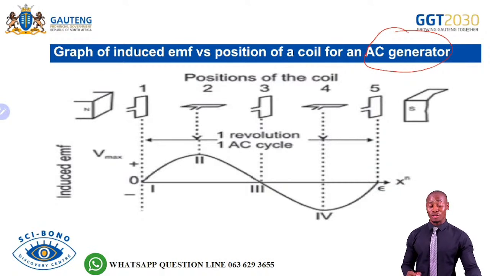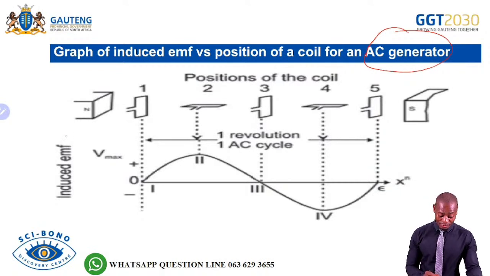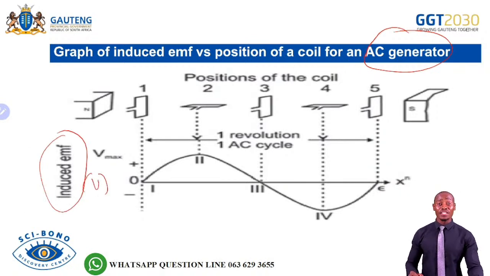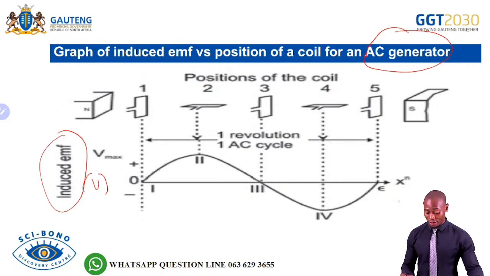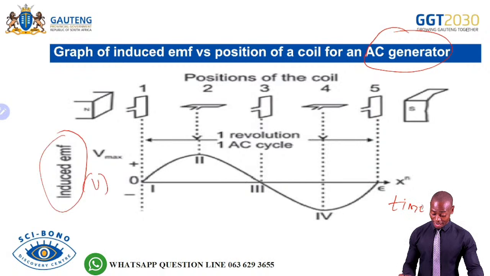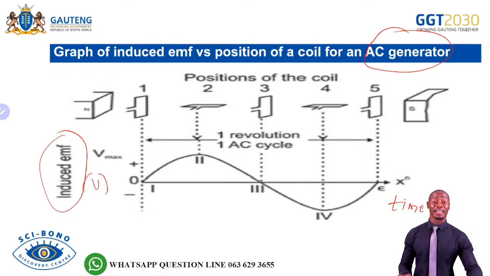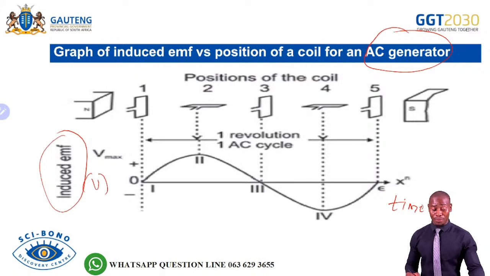Make sure that you label your axes, right? So here, this side, we're having what? The induced EMF. And you also need to include the units. So the induced EMF in what? In volts. And then this side, we're having the position. But in most cases, it's time, right? Then time in what? In seconds. All right. So please make sure that you label your axes, your dependent variable and also your independent variable.